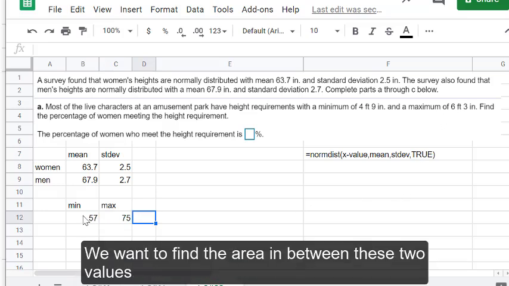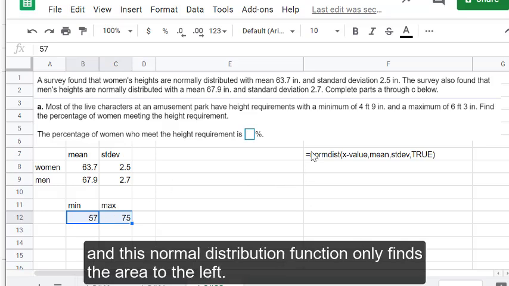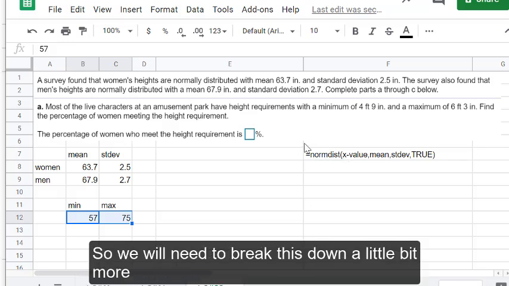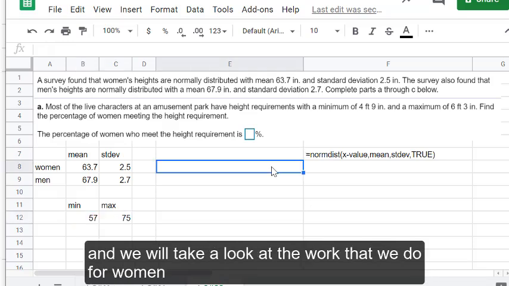We want to find the area in between these two values, and this normal distribution function only finds the area to the left. So we will need to break this down a little bit more, and we will take a look at the work that we do for women.